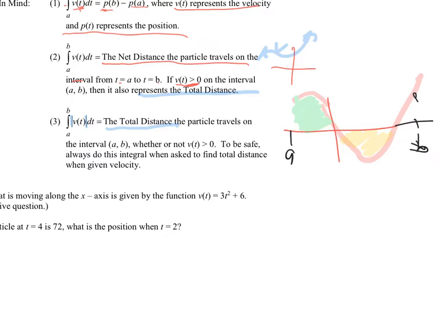Well, you could see how you could be traveling for some period of time and almost basically say you've gone 0 miles, because you went one way, the positive direction, your velocity was positive. Remember, this is your velocity graph.